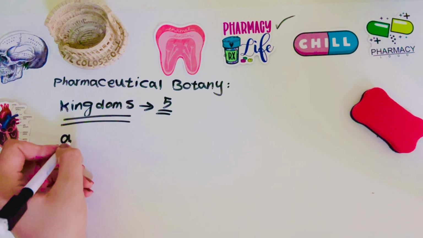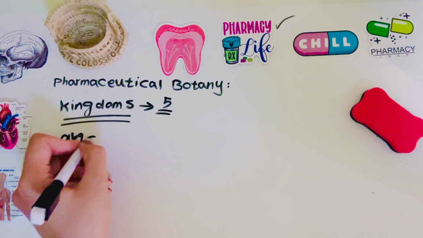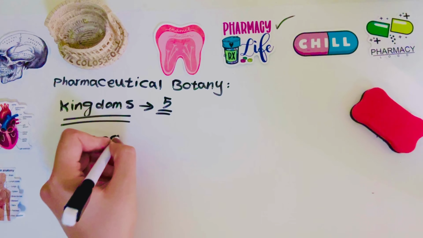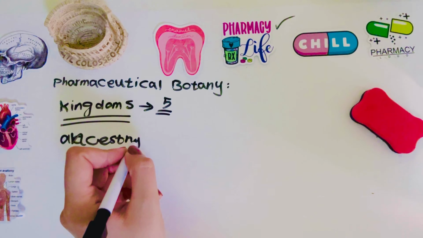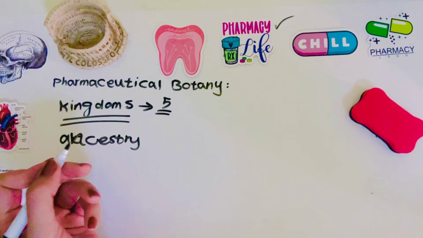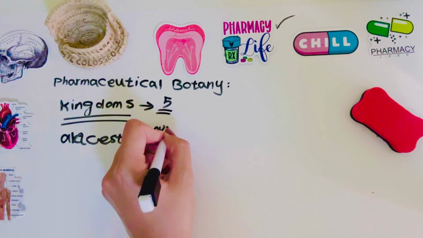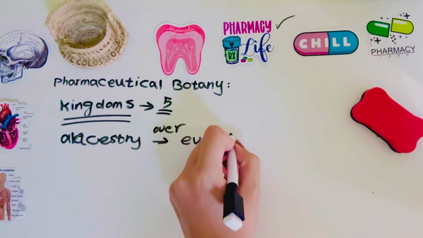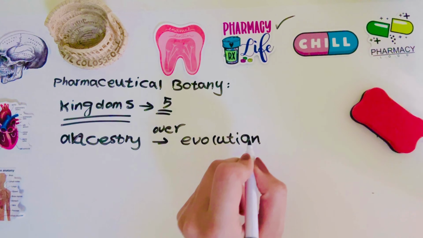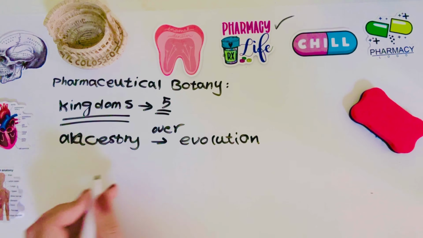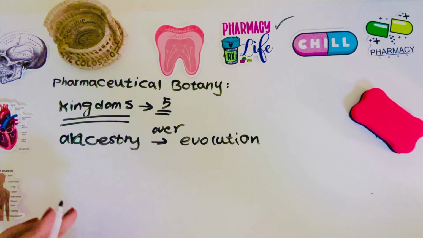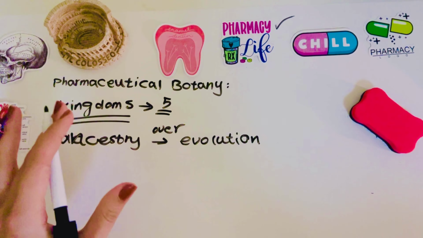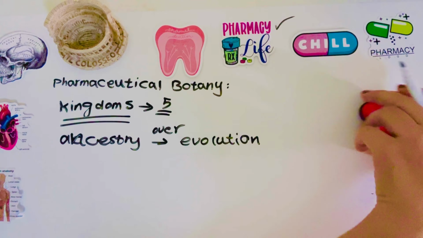According to their ancestry over the course of evolution. Over what? Over the course of evolution. Some changes were made to them during evolution that assign them to a specific kingdom, different from the others.